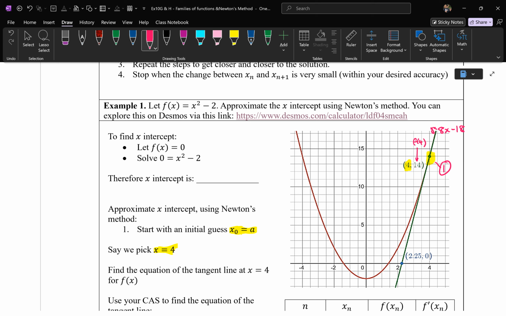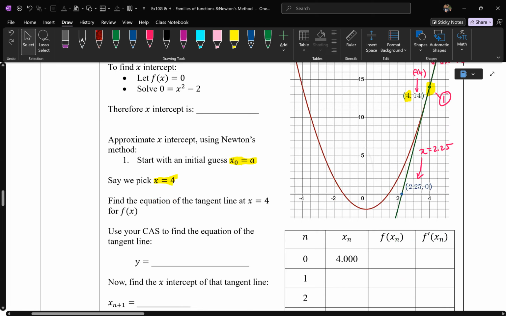Where does that tangent line touch the x-axis? That's the x-axis intercept, right? So in the graph, I actually did it for you on Desmos. It shows that the x-intercept of that tangent line is at x equals 2.25. Right? So let's see in the table what I've done.